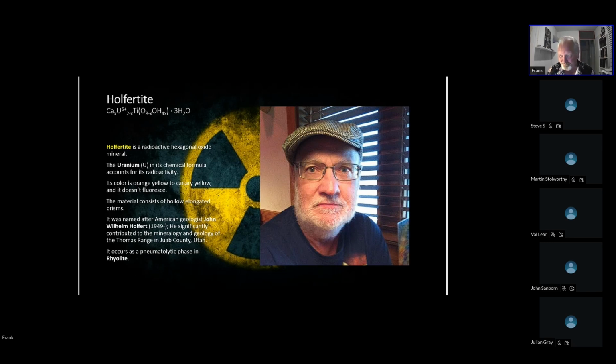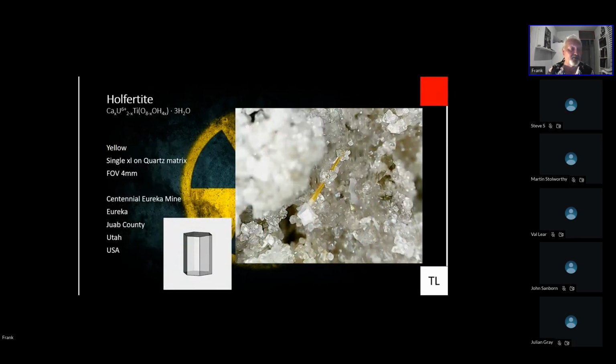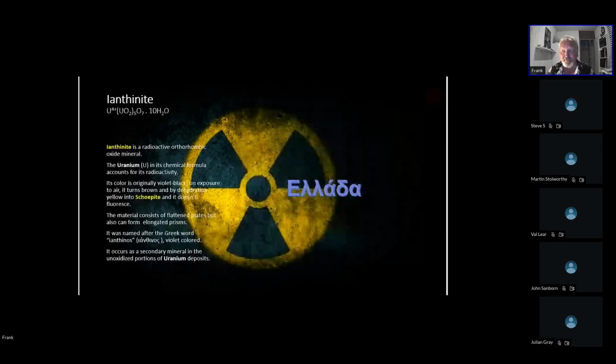Holfertite. Holfertite is a hexagonal oxide mineral, and its color is orange-yellow to canary yellow, and it doesn't fluoresce. The material, this is interesting, consists of hollow, elongated prisms. It was named after American geologist John Wilhelm Holfert, and he significantly contributed to the mineralogy and geology of the Thomas Range in Juab County, Utah.